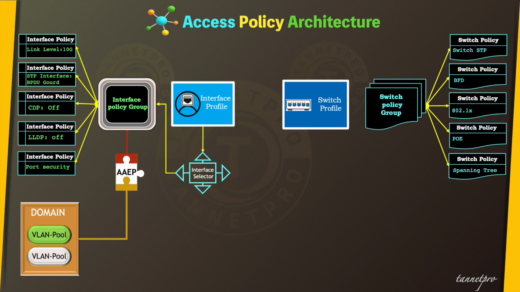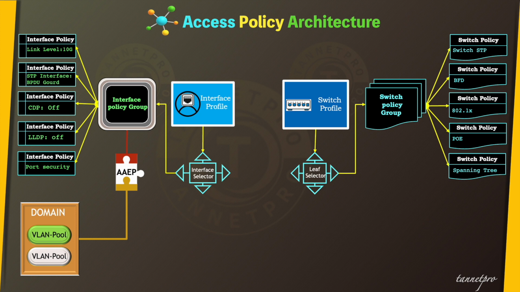Then you will create a switch profile for your switch, right? So you selected all the stuff. Now during switch profile creation, you will appoint a leaf selector or switch selector, which will help you to call the policies as well as select the switch.